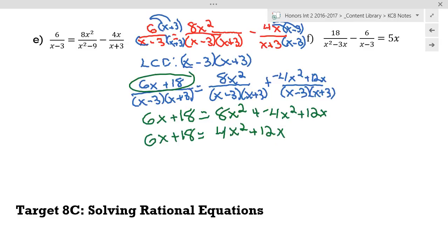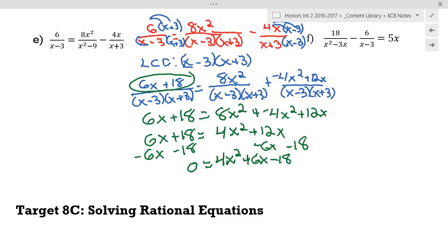Once you have both an x squared and an x, you know you are going to be factoring. So what we're going to do is we're going to set it equal to 0. I'm going to subtract 6x from both sides. I'm also going to subtract 18 from both sides. That means this is 0 equals 4x squared plus 6x minus 18.